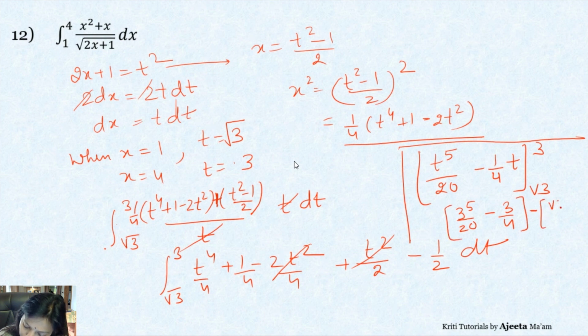So what we will get: minus root 3 raised to 5 upon 20 minus root 3 by 4. This is the final answer. Now we can simply simplify it and get the answer.